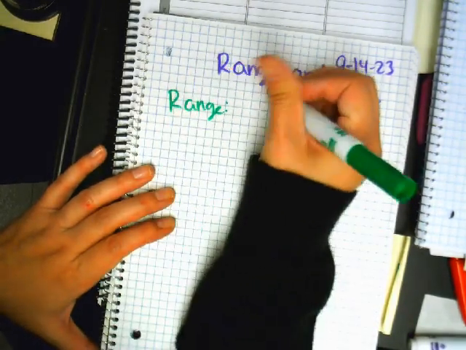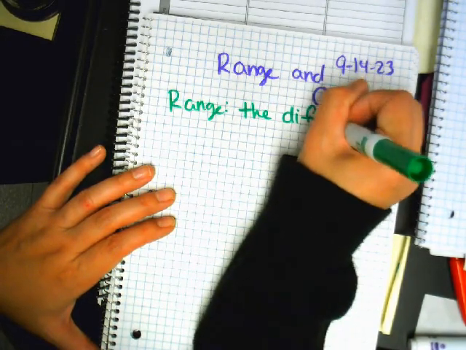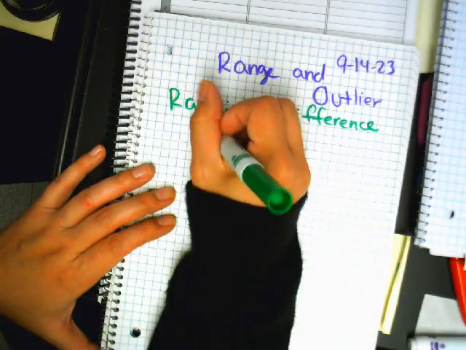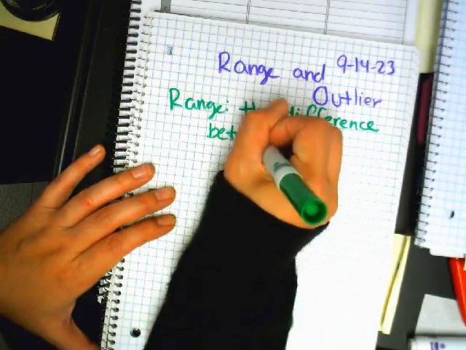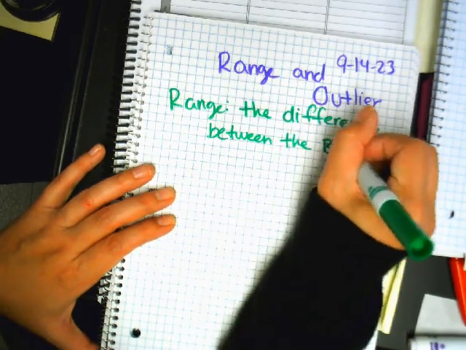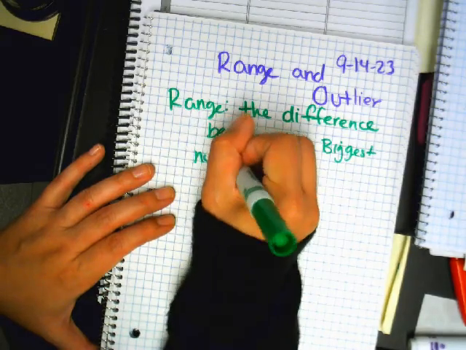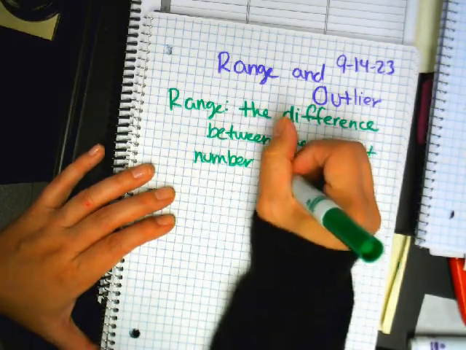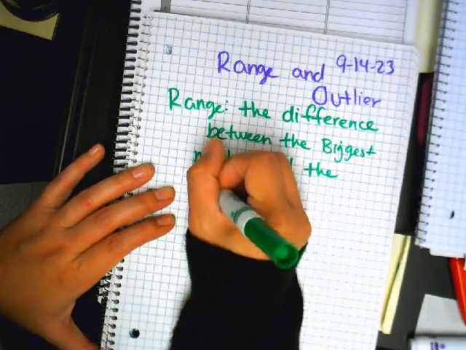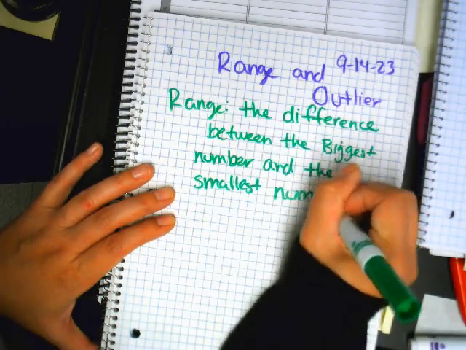Range is the difference between the biggest, largest number and the smallest number.